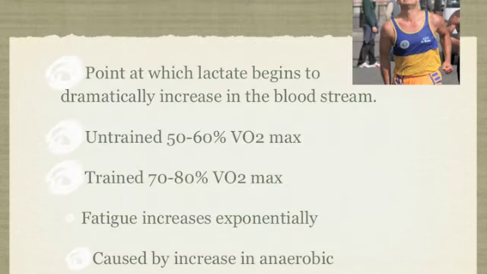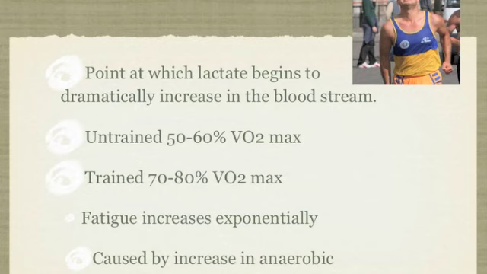Now, as we start to accumulate lactate, we can't convert it to glucose fast enough, and we can't use it as an energy source in the muscles, so we start to accumulate it. The blood lactate threshold is where we start to see a significant increase in lactate in the bloodstream. It usually occurs at about 50 to 60% of a person's max capacity in an untrained individual.